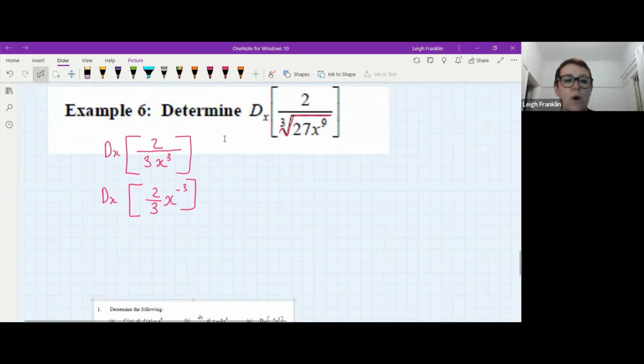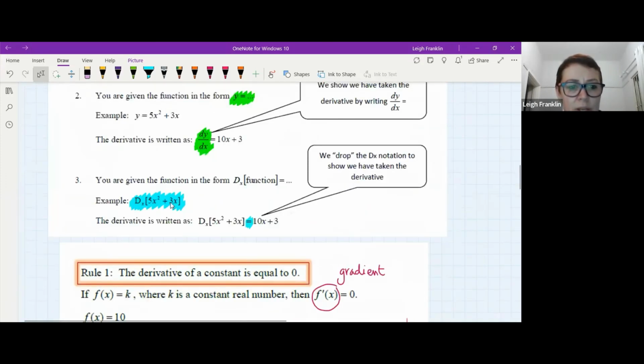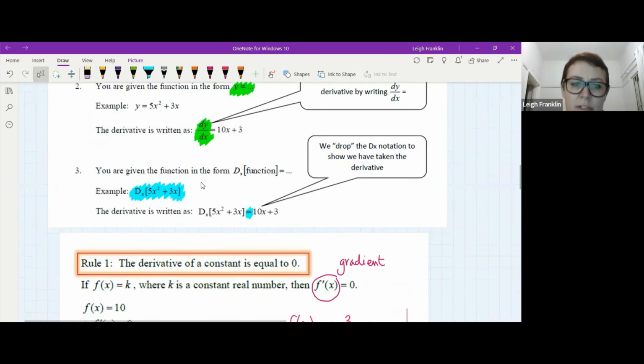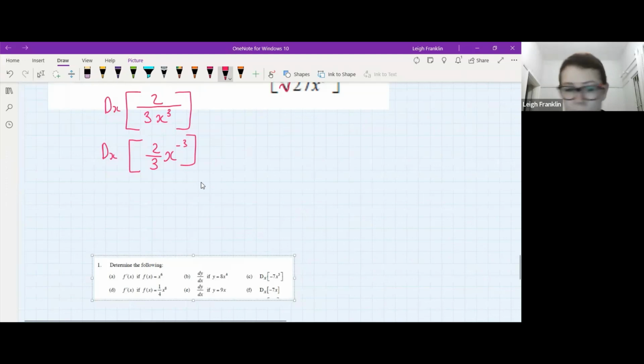So remember, when I am using this kind of notation, like this one here that's highlighted in turquoise, I show that I'm applying the power rule by dropping the d/dx and the square brackets and just writing equals.